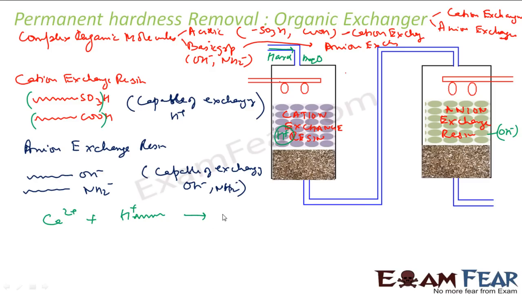When it reacts, it becomes Ca with the big dot, part 2, and this becomes 2H plus. I can give it a name also if you are confused. H plus resin becomes Ca resin 2 and 2H plus. So you see what I got? I got H plus.